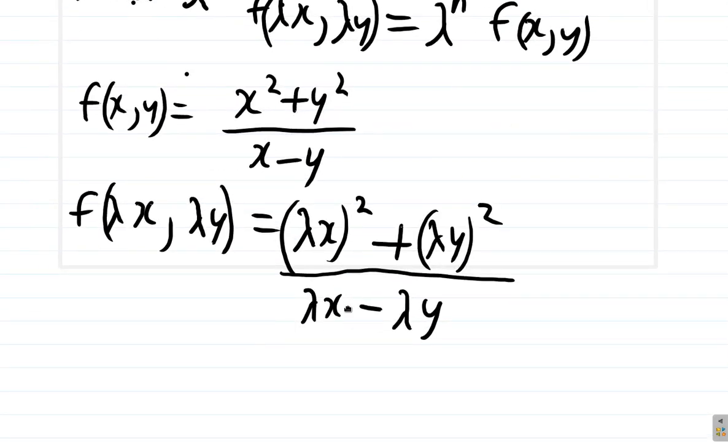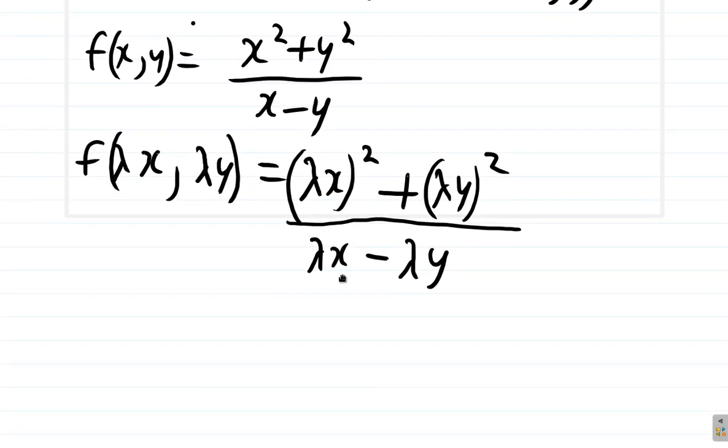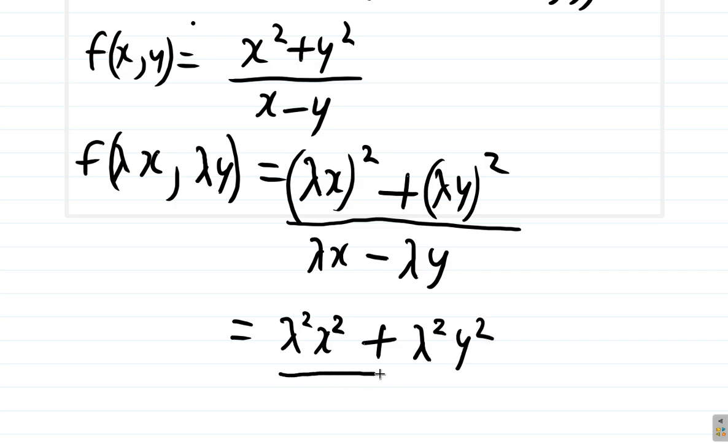How about you pausing the video and try it and see? Okay, you finished? So let's continue. This is lambda squared x squared plus lambda squared y squared divided by lambda x minus lambda y.